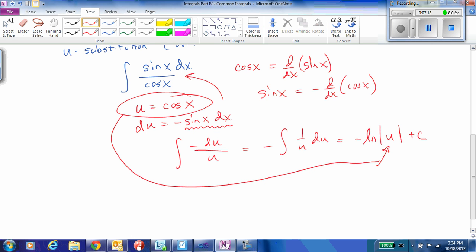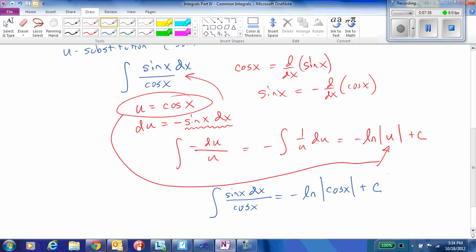And so my answer of the integral of sine x dx all over cosine of x is equal to minus the natural logarithm of cosine of x plus a constant. And there I've just used u substitution in order to find what the integral of tangent is.